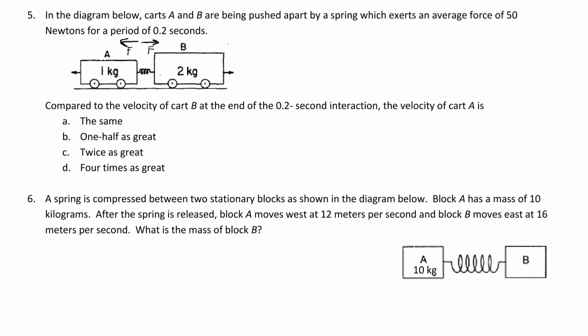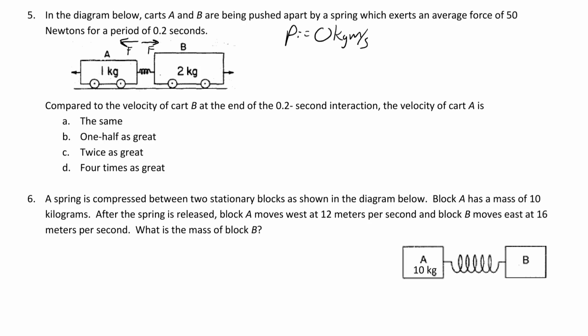So what's happening is an impulse is being imparted on these guys, and they're gaining some momentum. So this gains momentum, and this gains momentum. But you have to be careful, because what is the initial momentum here? It says that they're at rest. So you have to say the initial momentum is equal to 0 kilogram meters per second.